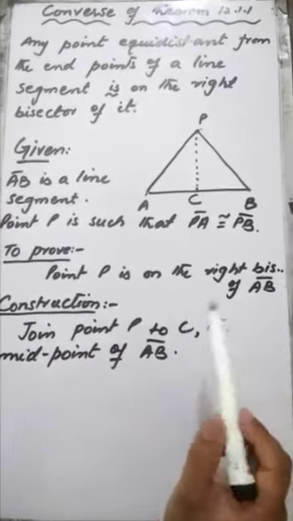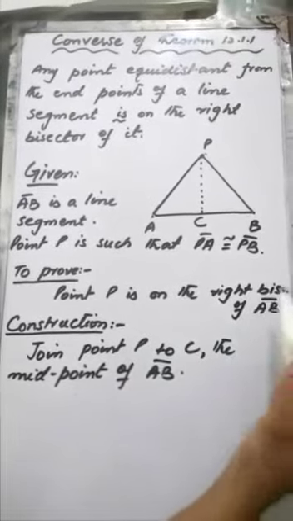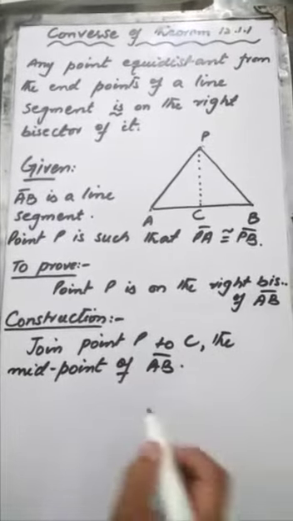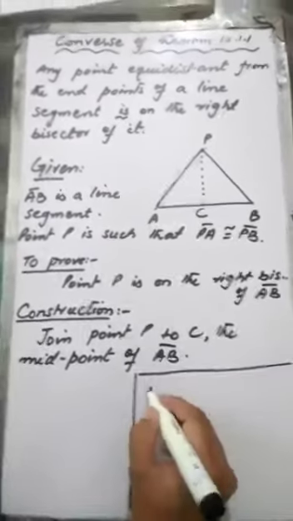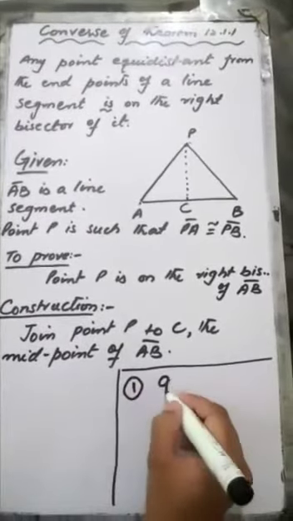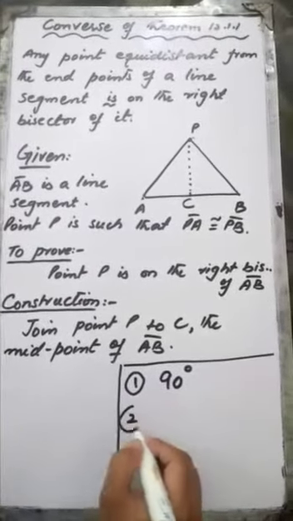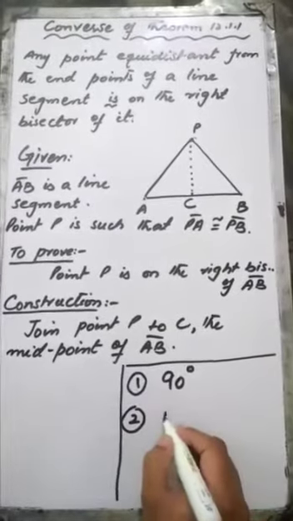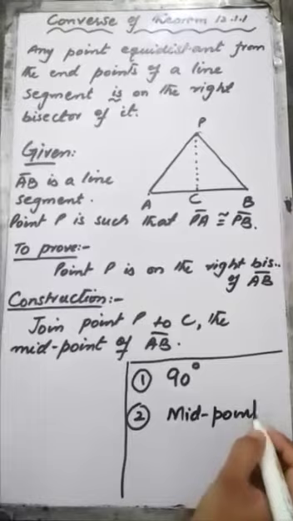Okay, now we have to prove that this point P is on the right bisector. So first recall the word right bisector. For the right bisector, we know that we have two conditions. Number one, the angle should be of 90 degrees, and number two, it should pass exactly through the midpoint. Means in this theorem we have to prove two things.